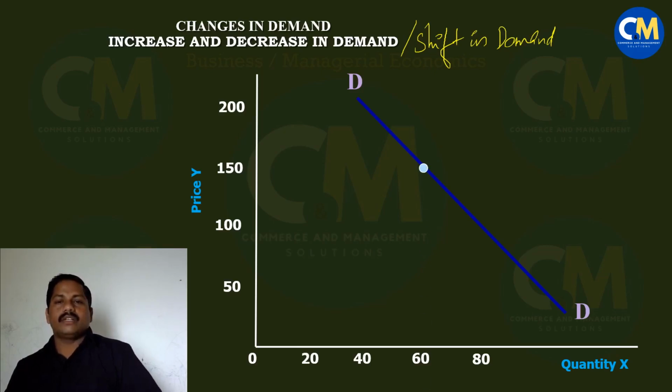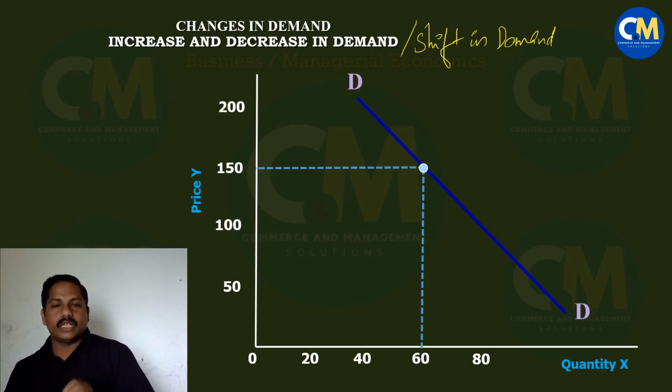Then identify a particular point and get the price at this point. At this point, the price is 150, quantity demand is 60. Hope you clear that, right? Please follow that pattern also. When you are drawing the graph, please follow the same pattern, the same way.